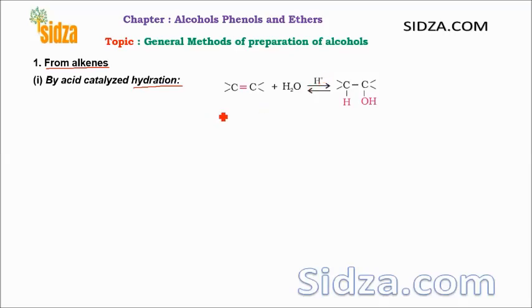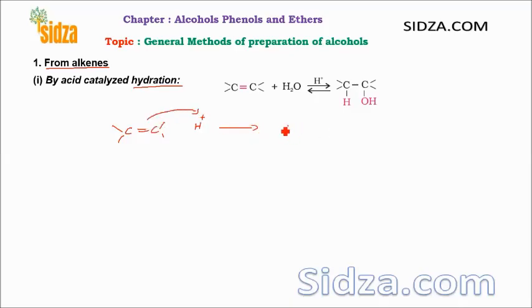If you look at the mechanism of this hydration, the addition of water across the double bond, basically this is an electrophilic addition reaction. First of all, the double bond is under attack of the proton, and you get an intermediate.